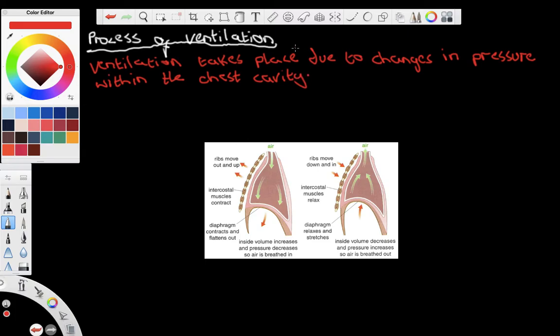Okay, so changes in pressure inside the chest cavity cause ventilation to take place. Remember, ventilation is the movement of air in and out of the lungs.